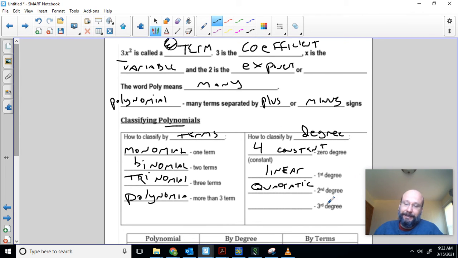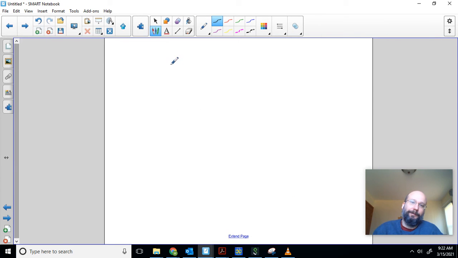The last one you need is a third degree, which is cubic. Even that one's not as important. But third degree would be cubic. So again, 4x to the third is a monomial by the number of terms, and cubic is the degree.